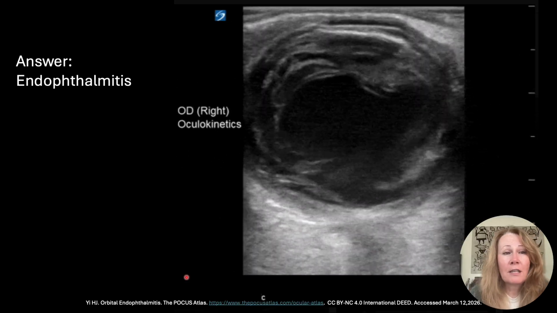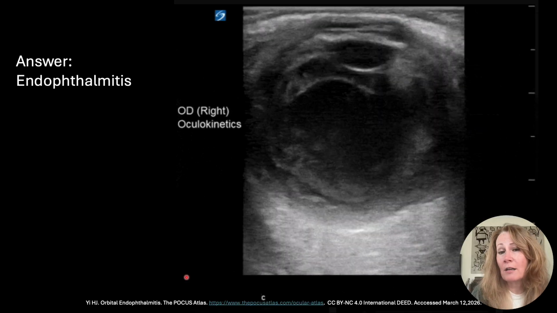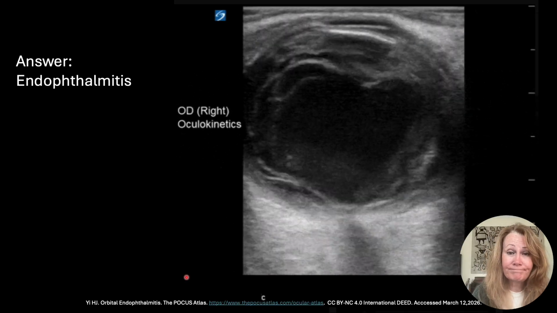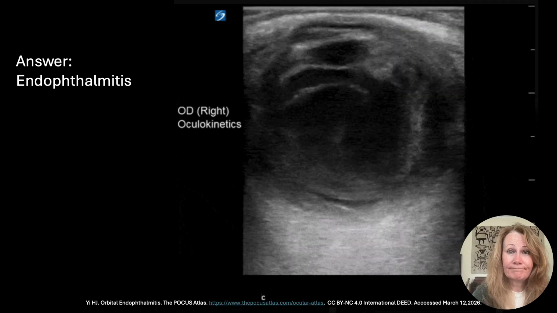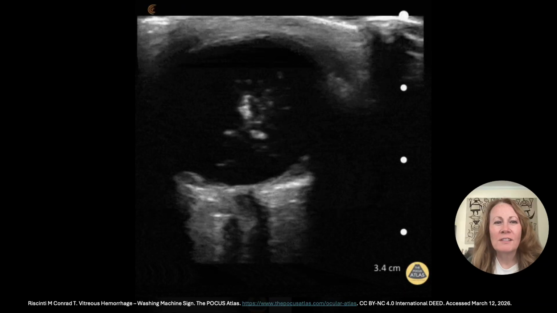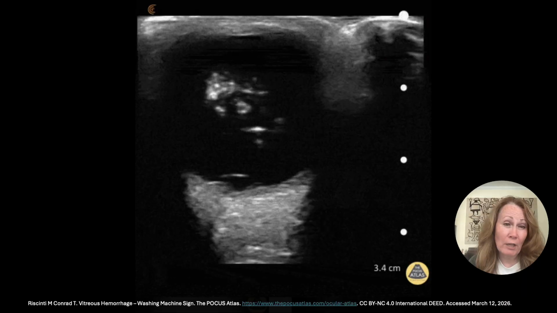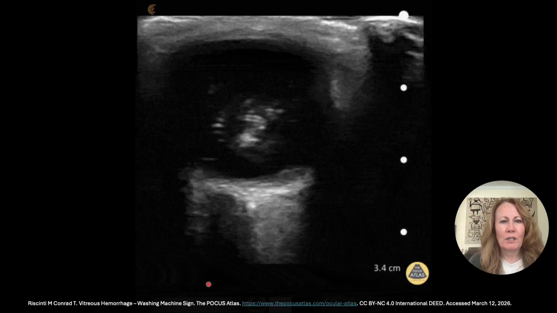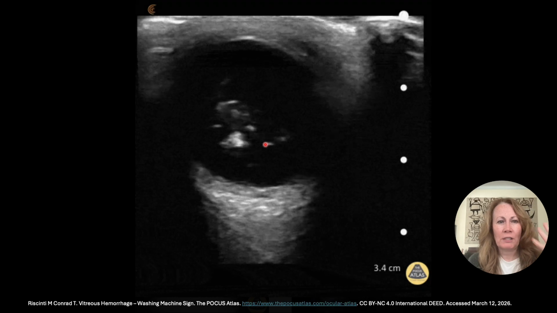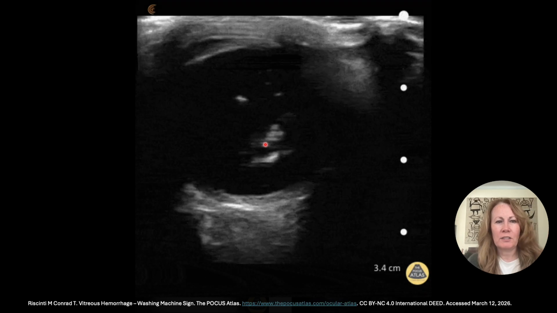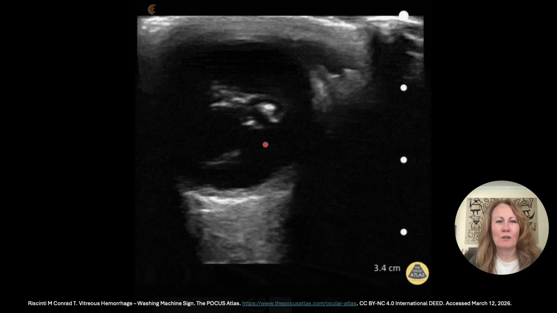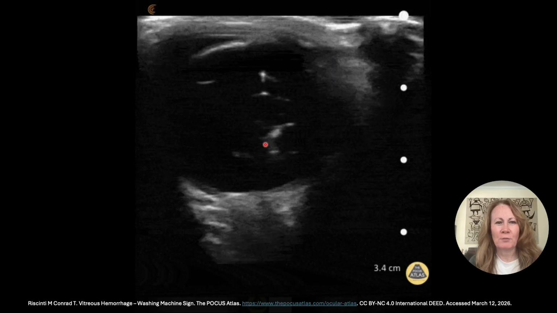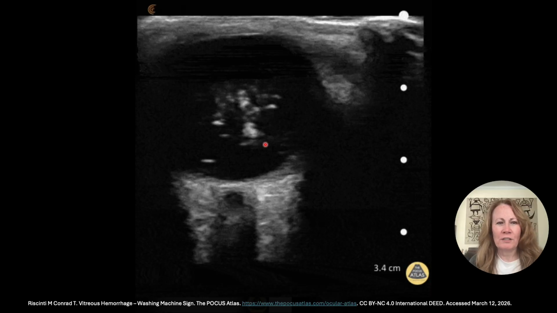How do we know that it's endophthalmitis and not something else like a vitreous hemorrhage? So here's an example of what a vitreous hemorrhage actually looks like. You can see it's quite different. The first thing that should really strike you, and we always talk about this in our POCUS sessions in the lecture parts, is to go with your echogenicities.